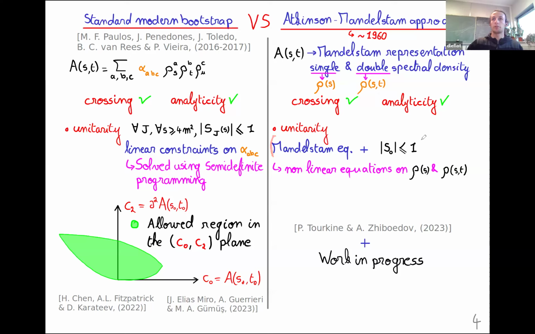So in order to impose unitarity, you have to solve two equations. The Mandelstam equation I already introduced, but you also have to impose unitarity on the spin zero partial wave. And the difficulty with this approach is that these two equations are nonlinear equations on the functions rho of S and rho of S, T. This is why those equations are very difficult to solve, and this is why they were not solved in the 60s.